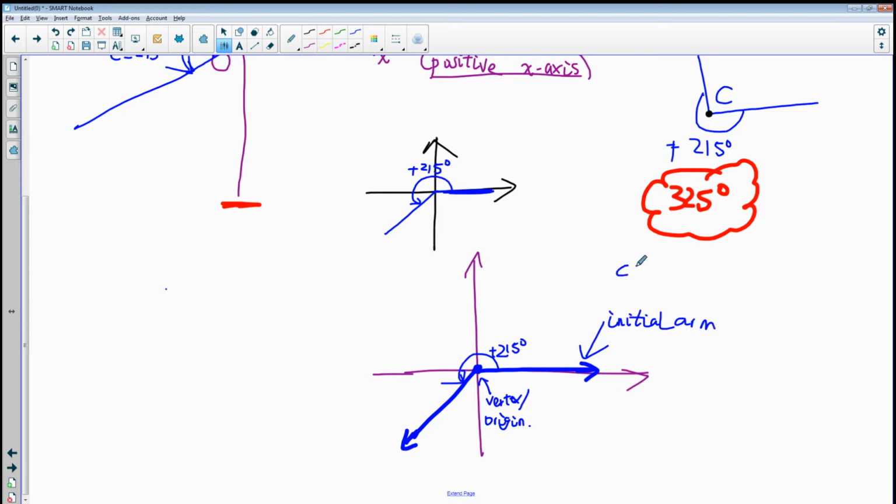Direction, of course, counterclockwise is positive, clockwise is negative, and the initial arm goes all the way. This I don't have a name for, I just call it an angle marker or indicator. It goes from initial, starts at the initial arm, and ends at the second arm. It ends here, so we call this the terminal arm.